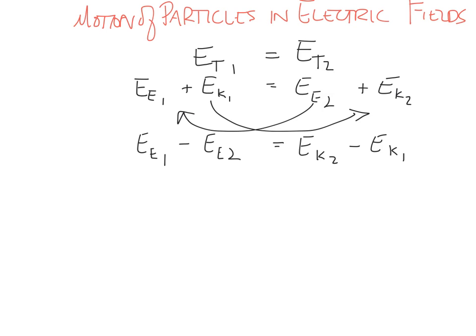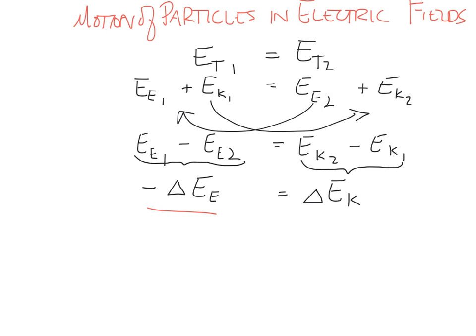Okay, well, this is easy to see: this is just the change in kinetic energy. What you might not recognize immediately about this is that that's also the negative change in electric potential energy. And I don't think that that's a surprise to anybody.